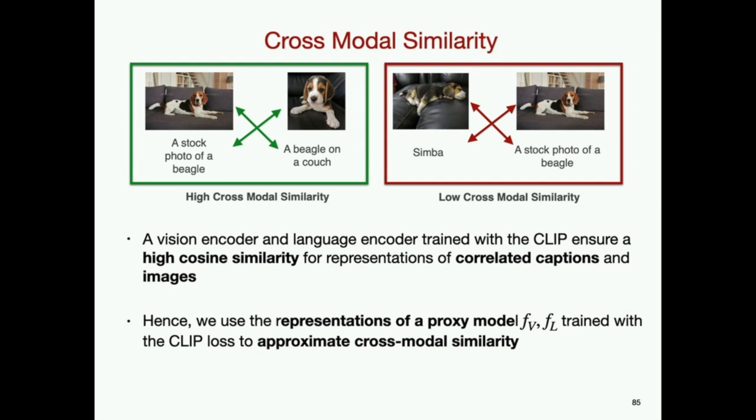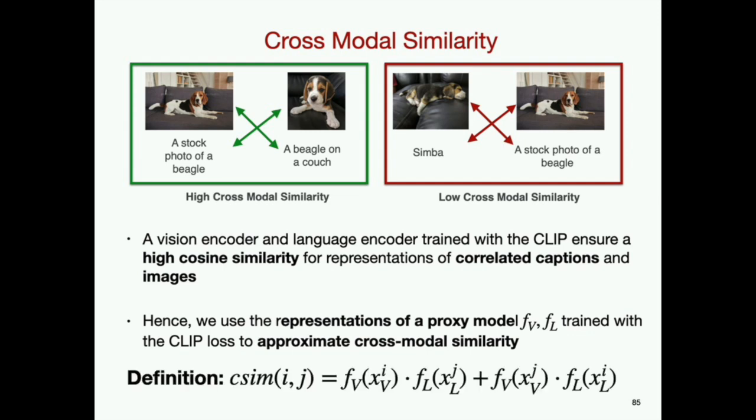So we can then use the representations of some proxy model, f_P and f_L, to approximate this cross-modal similarity. And we're just going to refer to this approximation as cross-modal similarity. It's essentially the sum of cosine similarities between the representation of caption 1 and image 2, and image 1 and caption 2.